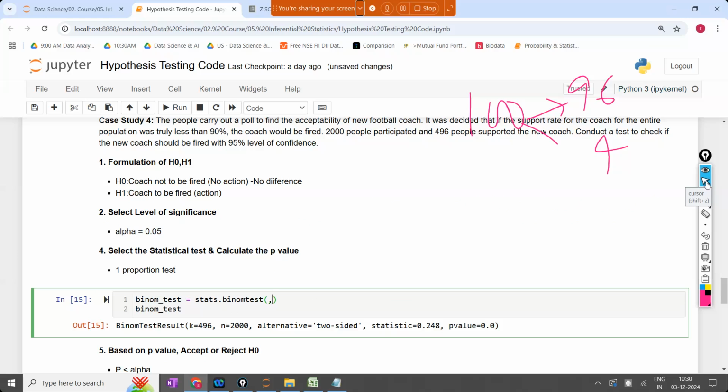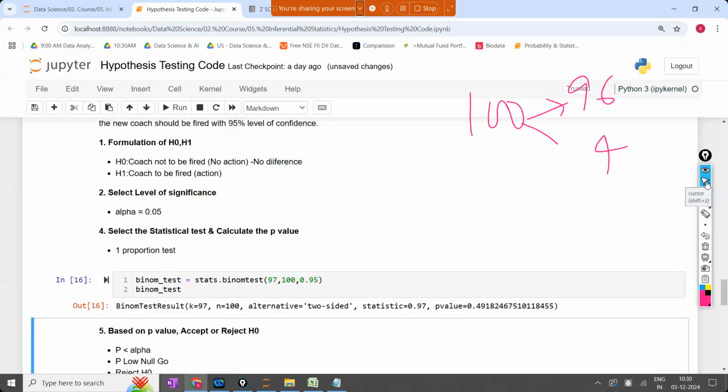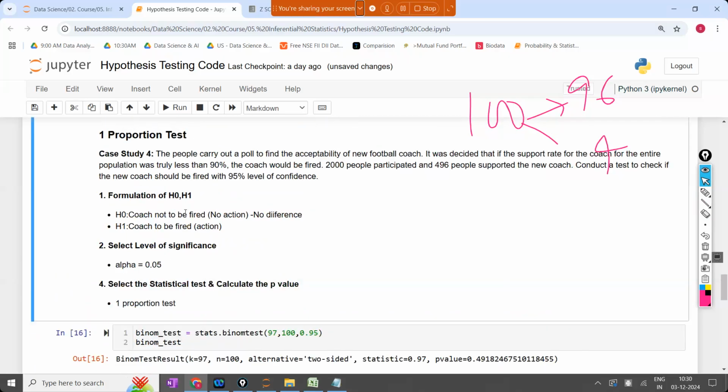Total 100 students are there. Out of 100 students, 97 people are accepting SRK. Whether it is equal to 95% or not, he is going to cross-check. And if this is accepted, he is going to accept the coach. So what is the p value? 0.49. Since p value is greater than alpha, the coach is not to be fired.